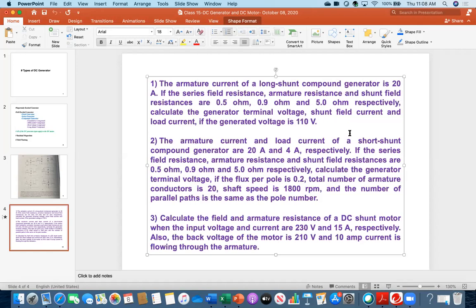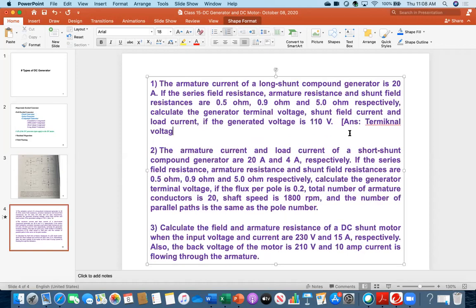I think here, let me write. So the answer should be, sorry, terminal voltage. Terminal voltage should be 82 volt. You check that you are getting that one.